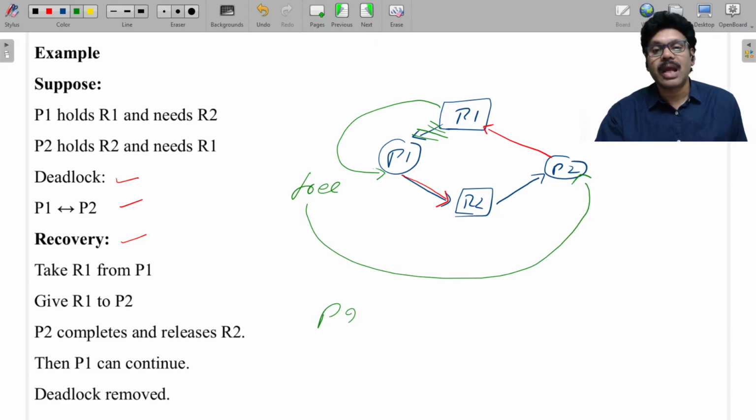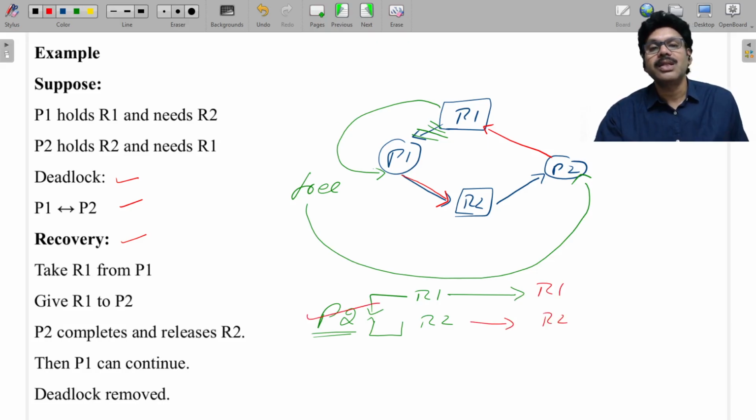Now P2 can run happily by taking the resources R1 and R2. Once P2 is completed, P2 releases R1 back and releases R2 back, because P2 has successfully completed. This is how you can remove deadlocks. Once they have been released back, these resources can be given to process P1 afterwards, and process P1 can also execute.